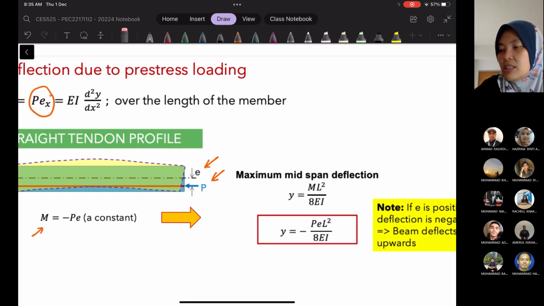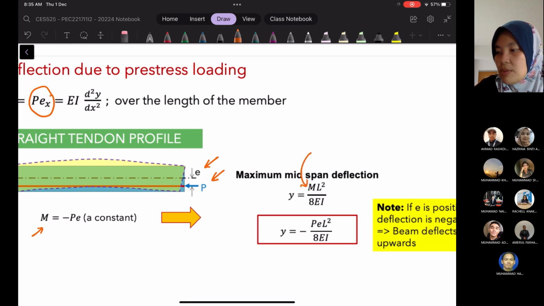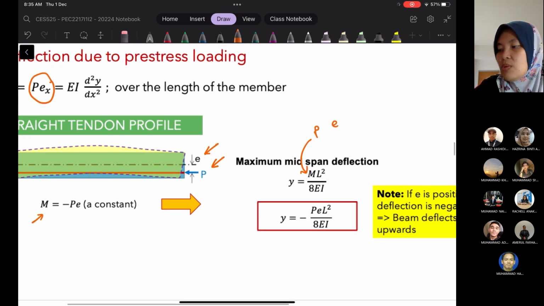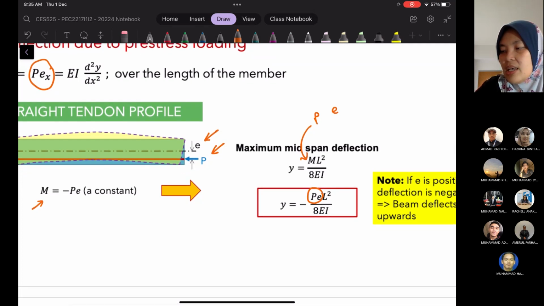However, since in this case we have the pre-stress force and also the eccentricity, PE will be the value of moment, right? So we will put this into the equation. That is why we are going to have y equals PEL square over 8EI, right?